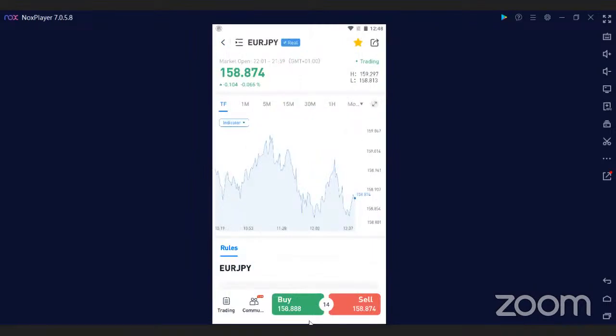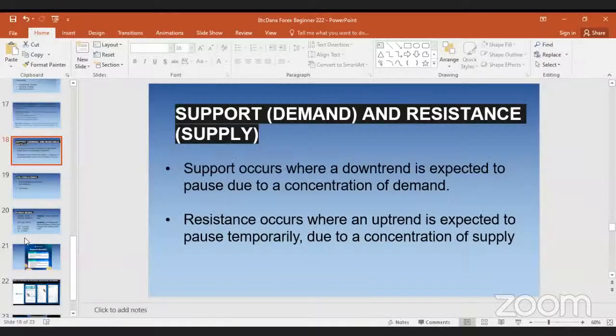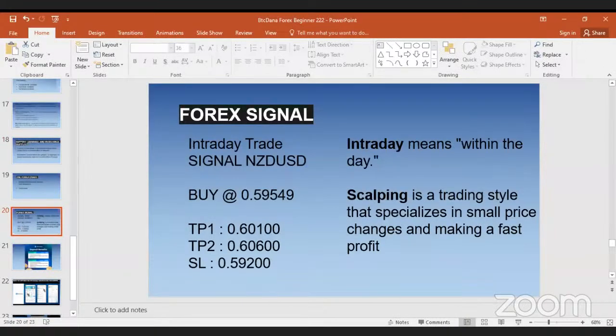Before that, I want to share important information. For all that are planning to deposit into our trading account, I figured that some of us are still having issues with the signal that we provide, because I know some of us are still new to those kind of things.